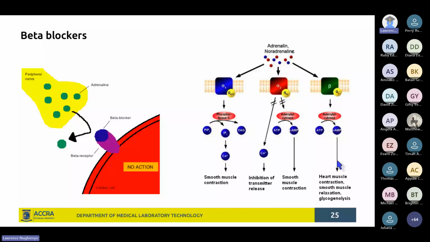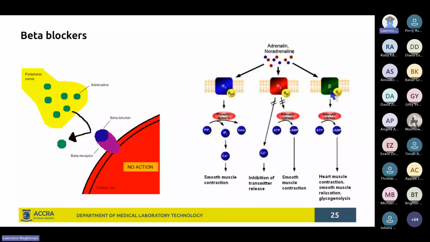All right, so if that's understood, we see a peripheral nerve that is releasing adrenaline. This shows a synapse where adrenaline is released, and that adrenaline is supposed to bind onto the beta receptor, which is what we are showing at the right-hand side here.